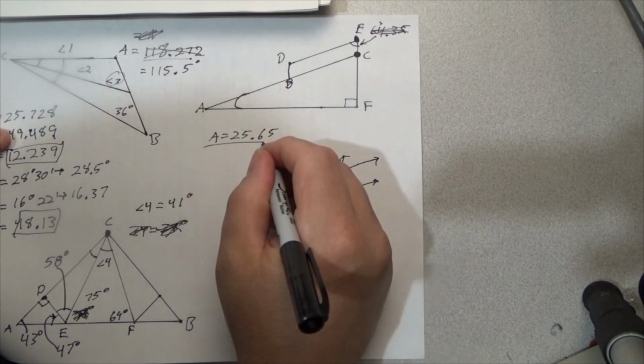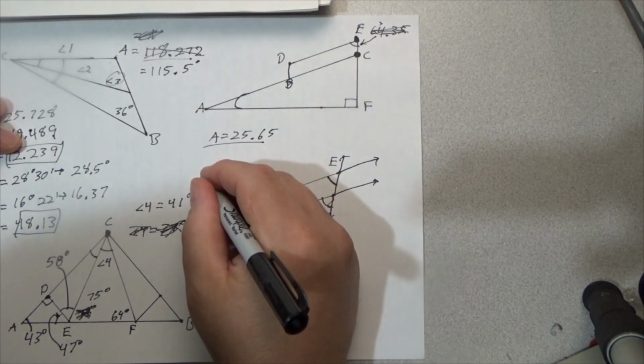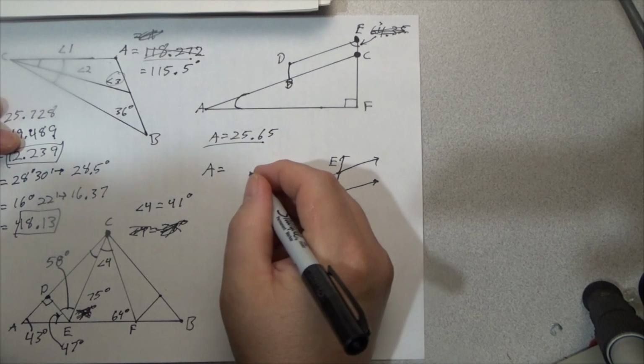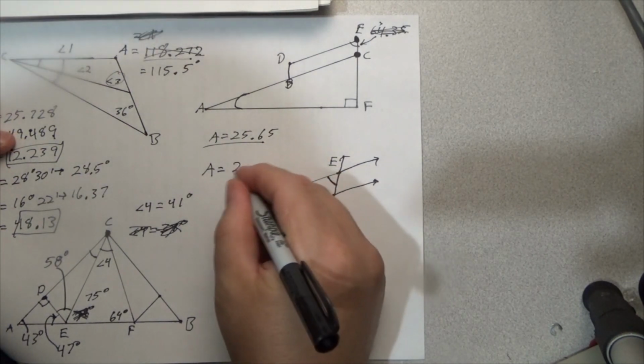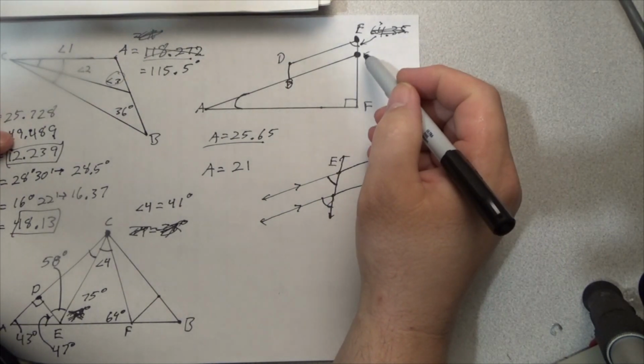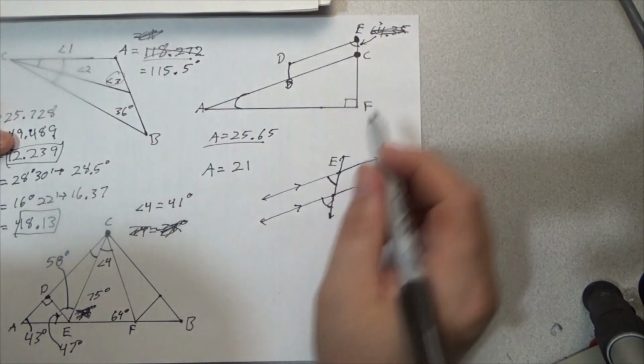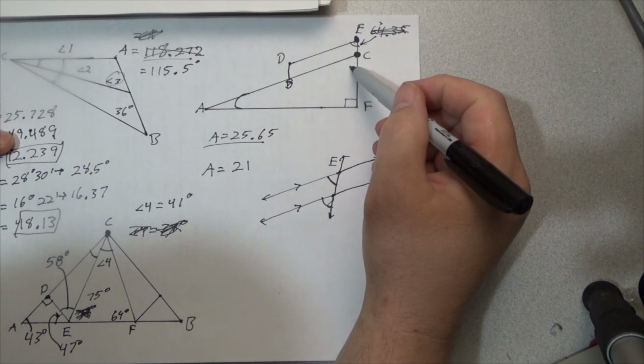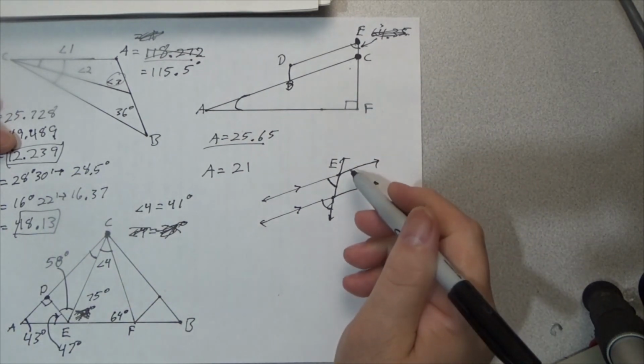Okay, so that was for the first part. Now part B, angle A is equal to 21. Now we need to find angle E, right? We know that angle E and angle C are the same. We talked about that down here.